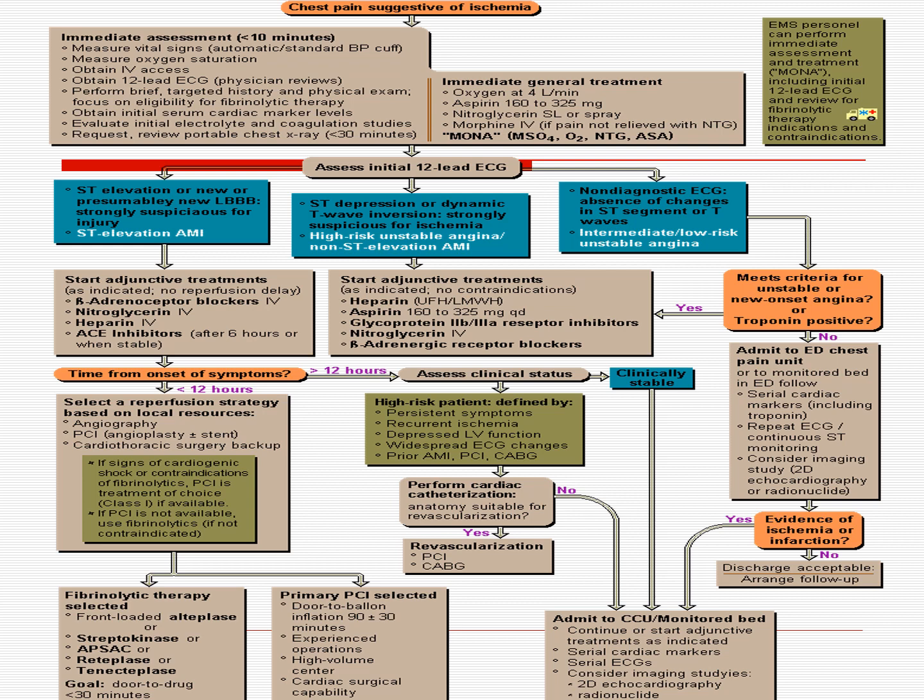Get labs on them, the different cardiac markers, all their electrolytes, and their coags, to make sure their clotting ability isn't compromised, like if they're already on blood thinners. Get a chest x-ray, hopefully within 30 minutes. And then from there, we look at the 12 lead to see what's going on.